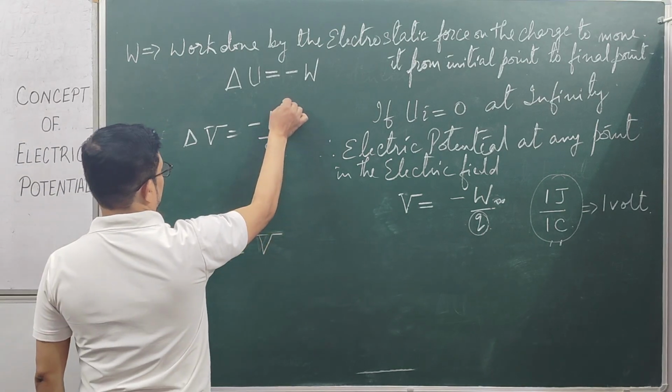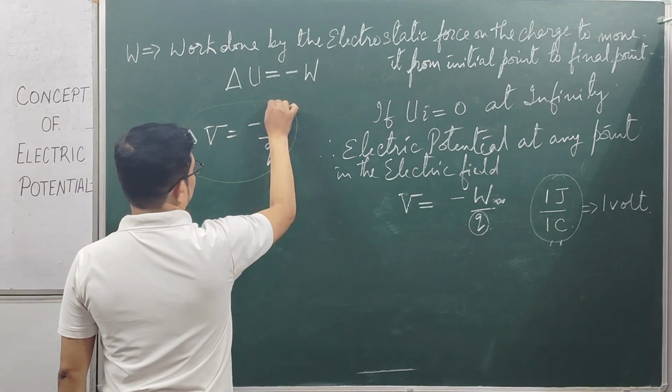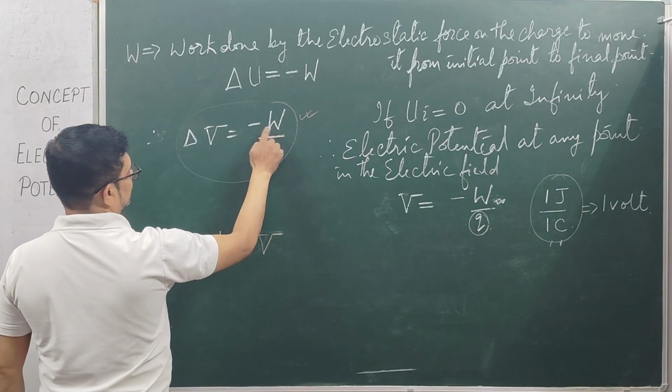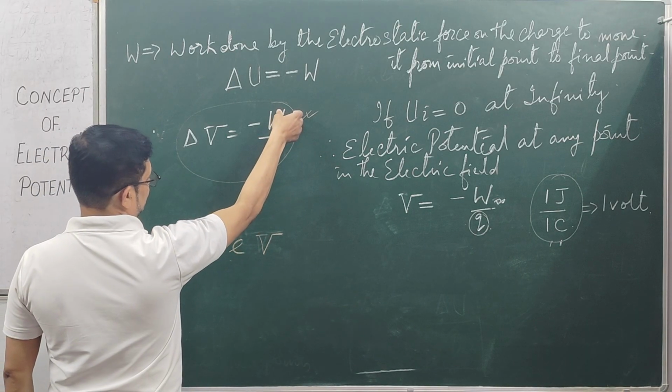How do we conceptualize it? If you look carefully, we got this from minus W equal to delta U, right?